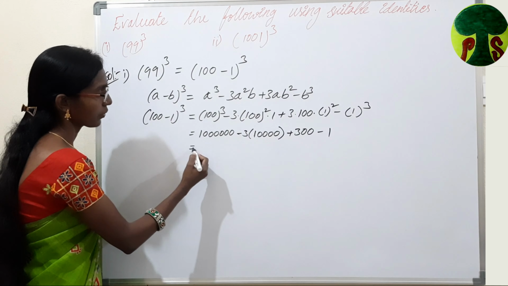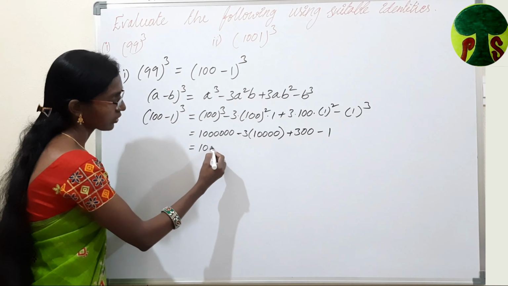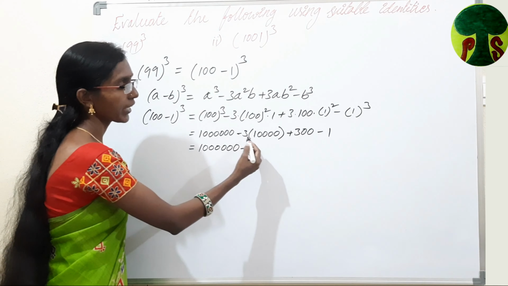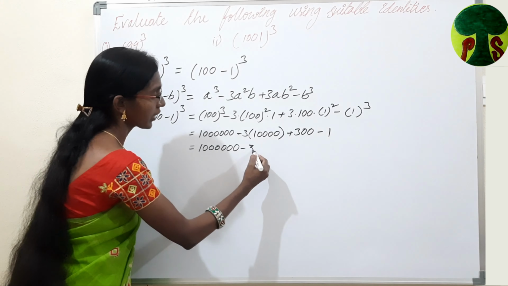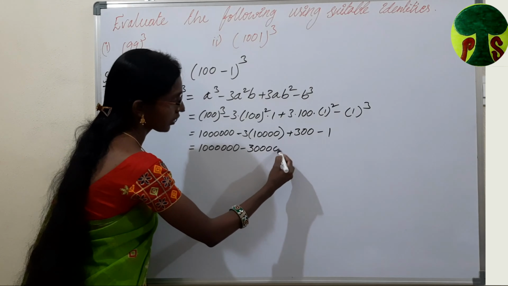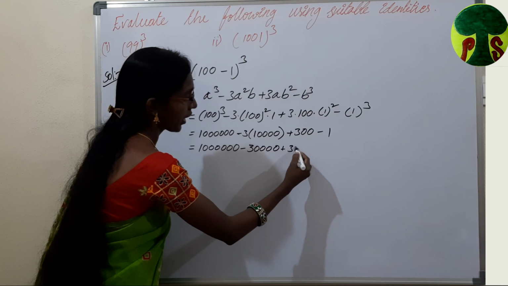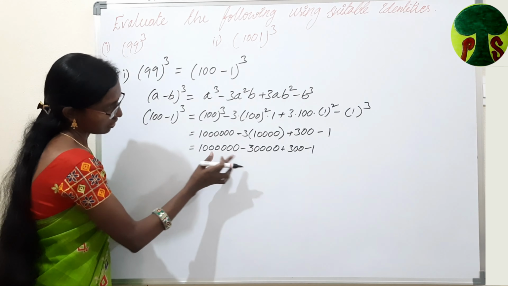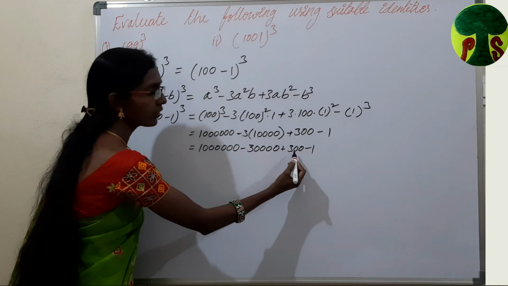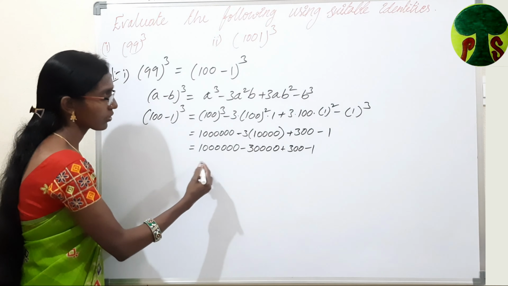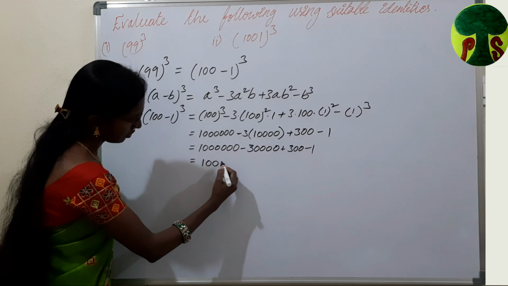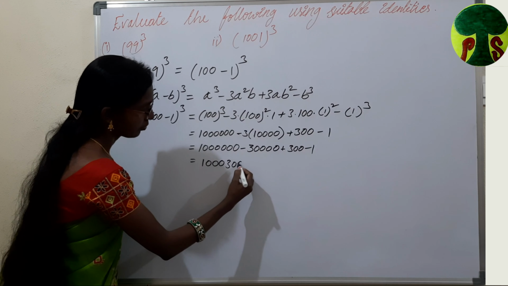Which is equal to, this is 10 lakh, 1, 2, 3, 4, 5, 6 zeros, minus 3 into 10,000, that is 30,000, plus 300 minus 1. Now we have to add 10 lakh and 300, because these two have plus symbols. So which is equal to 10 lakh 300.